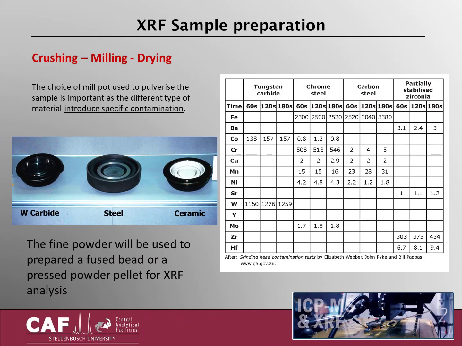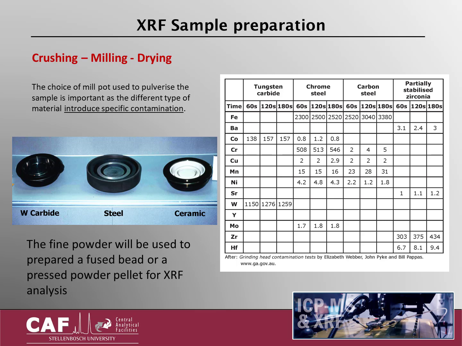Mill pots are made from different materials such as tungsten carbide, chrome steel, carbon steel or ceramic. The choice of mill pot can introduce certain contaminants. It is very important to know what type of mill pot is being used during the preparation. Always inquire about this, especially when sending samples away to a lab for preparation.